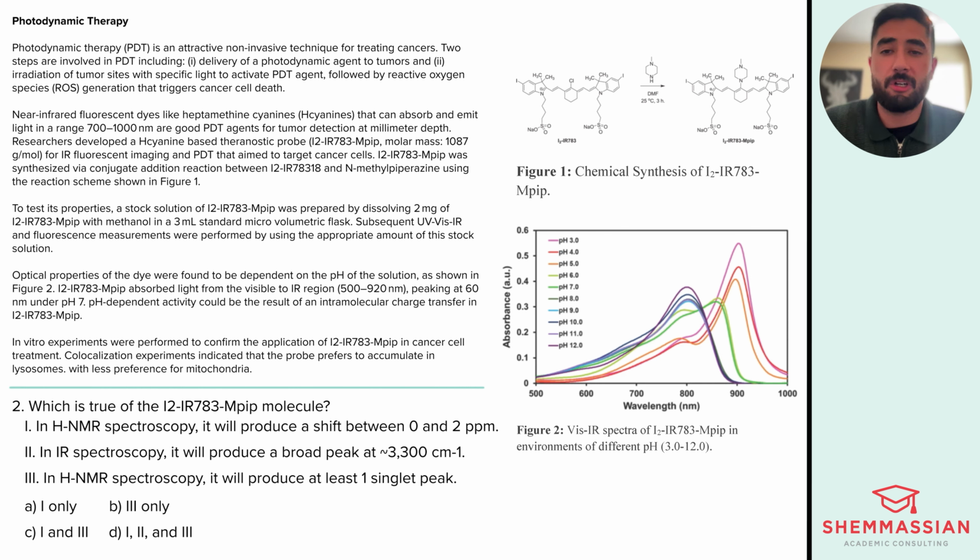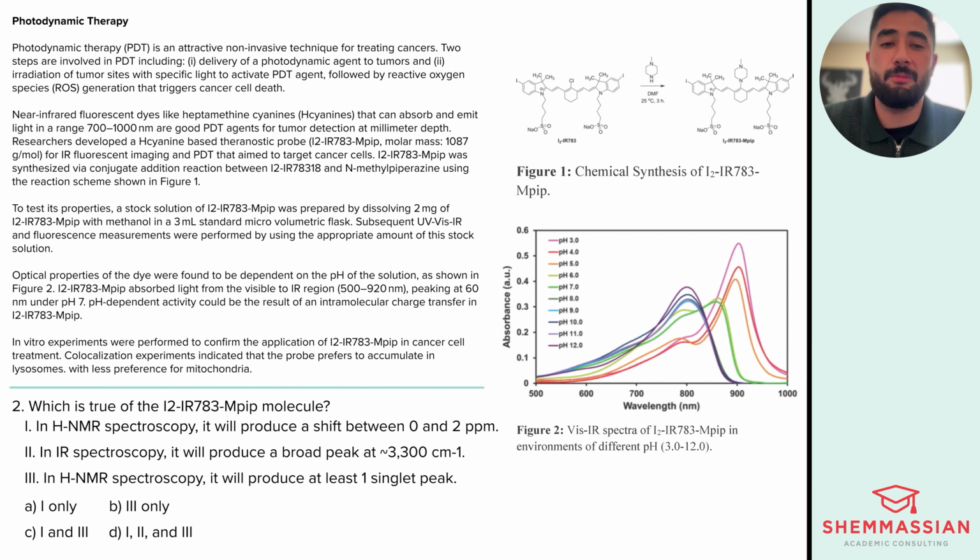So to answer this question, we can go statement by statement. First, statement 1: HNMR spectroscopy signals that appear between 0 and 2 ppm usually come from protons that are attached to sp3 hybridized carbon atoms.